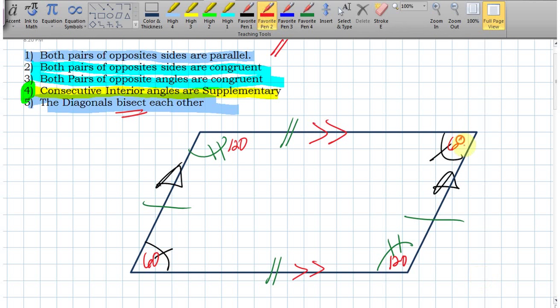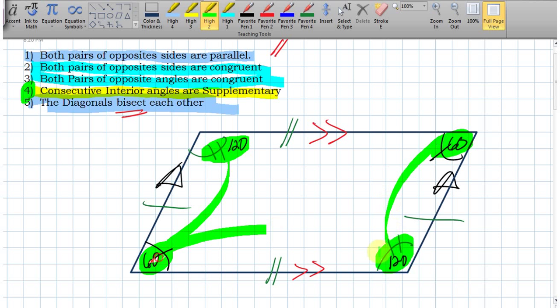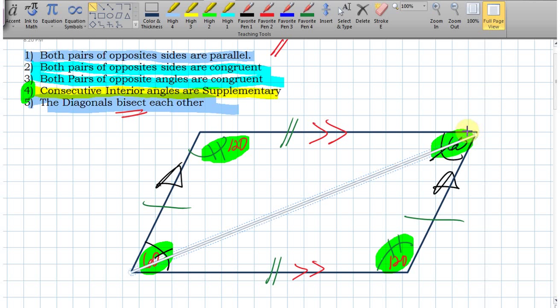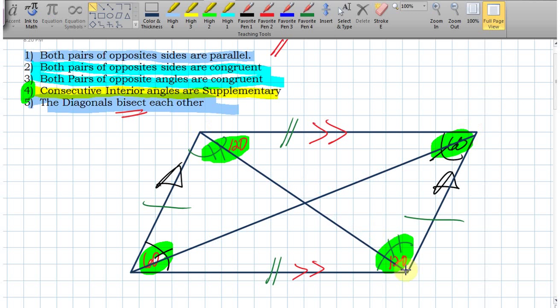Right here, because these are considered same side interior. These are considered same side interior. And these 2 are same side interior, and so are these 2. And notice all 4 are supplementary. And remember, the last one has to deal with the diagonals. So I'm going to put the diagonals in right here. It's a diagonal there, and it's a diagonal there. And so what just happened?